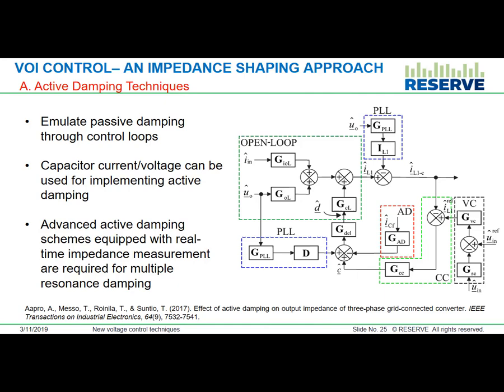This is a very simple strategy, but we should come up with more advanced strategies, wherein the grid impedance knowledge is also used in order to design this transfer function.